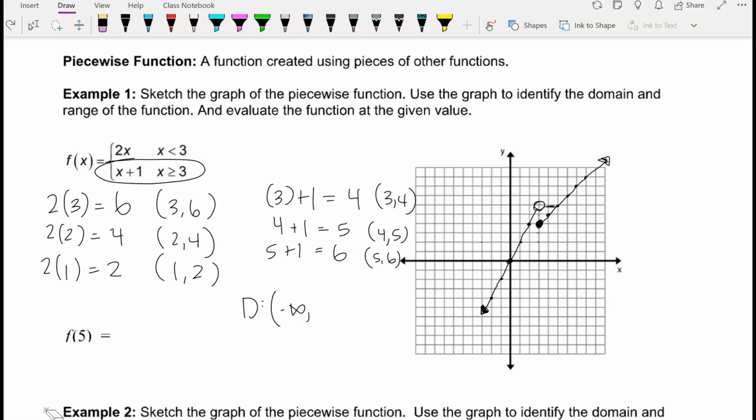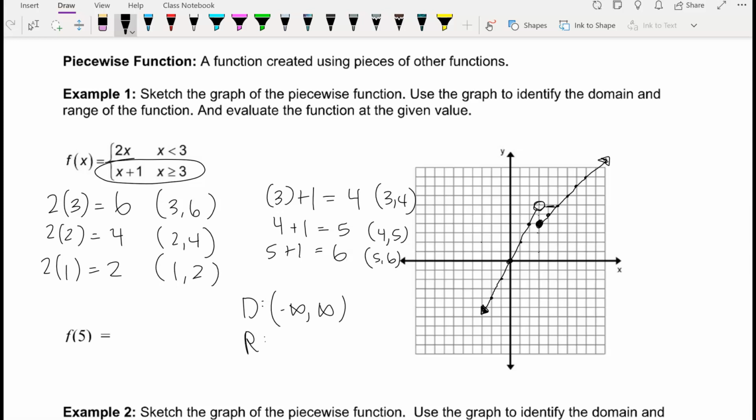Like if it were a flat line, we fill in the hole with this filled-in circle here. So it actually will be negative infinity to infinity. There are no gaps or real holes, because those holes get filled in by another point.